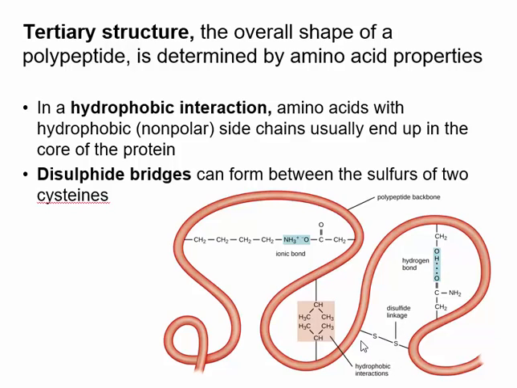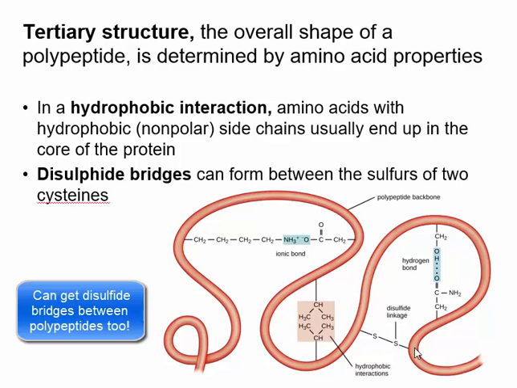Another kind of bond we see in tertiary structure are disulfide bridges or linkages here. So cysteine is one of our amino acids, and it contains sulfur. And you can end up with a covalent bond between the sulfurs of two cysteine amino acids on this polypeptide chain.